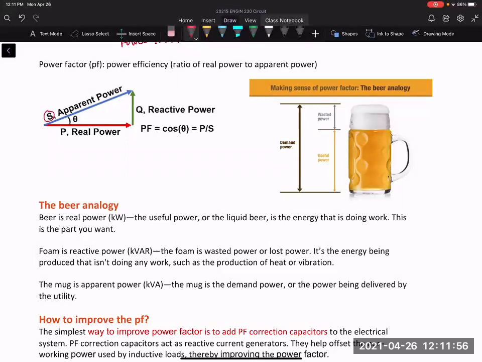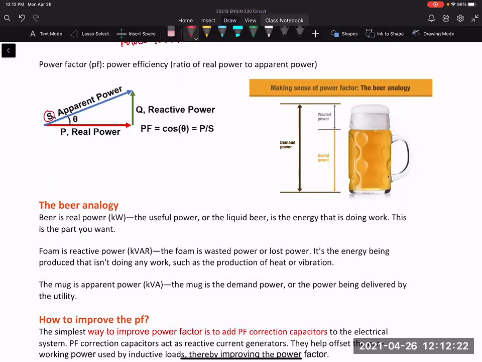Another name for that is the apparent power. Apparent power is the S, a complex power. It's a combination of the real power and the reactive power, where the real power is on the real axis, and the reactive power is on the imaginary axis, which is on the y-axis.